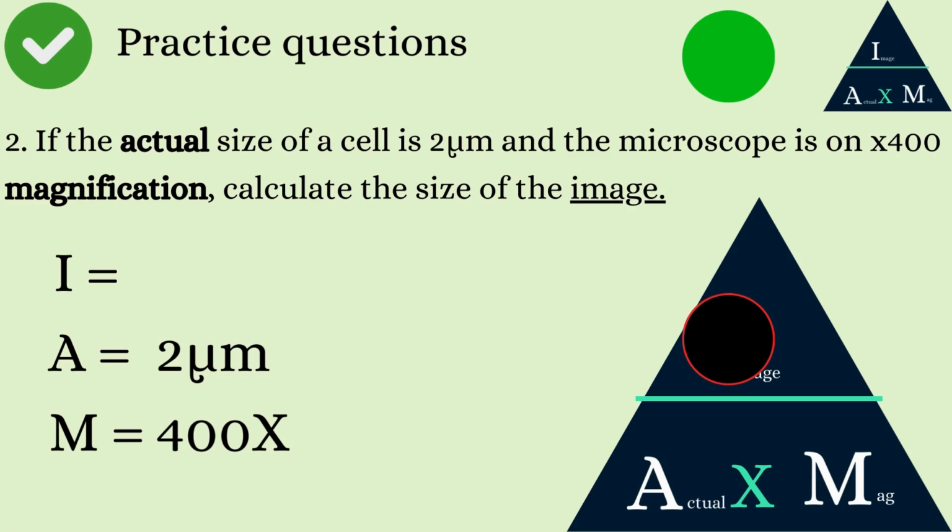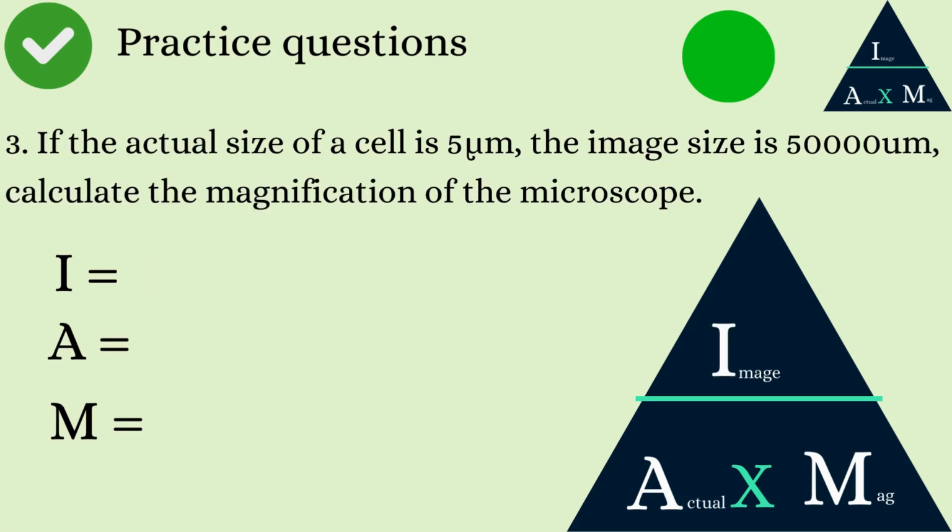Using the triangle with I covered up, I can see my calculation is going to be A times M, which I can then substitute in with some numbers to be 2 times 400, giving us a number of 800. But this time our units are in micrometers because that's what the actual size was given to us in, and no conversions have been asked for yet.